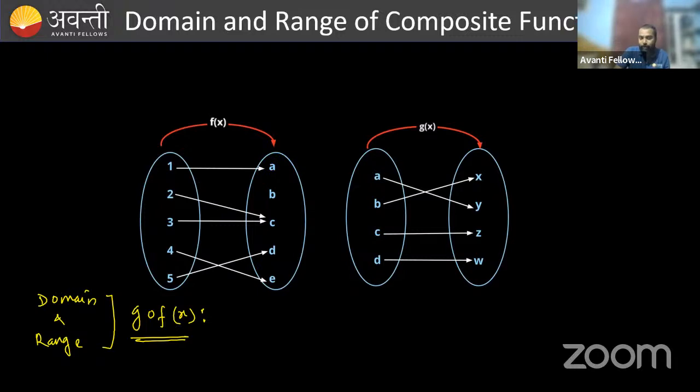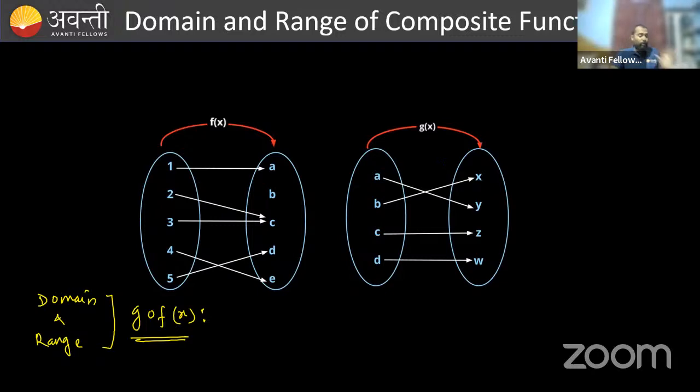Those you will put again into g of x. So after putting the outputs of f of x into g of x, what you are getting will be the range of g of f of x.